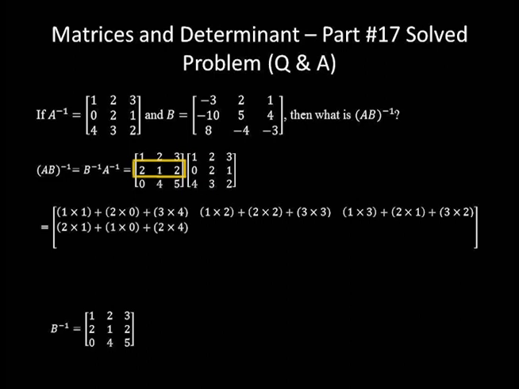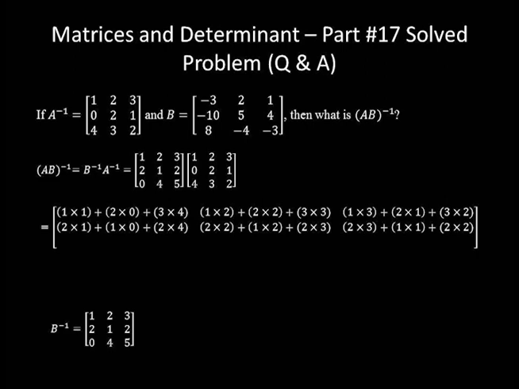To find the entry in row 2, column 2, we have to multiply row 2 of B inverse with column 2 of A inverse. 2 times 2 plus 1 times 2 plus 2 times 3. To find the element in row 2, column 3, we have to multiply row 2 of B inverse with column 3 of A inverse. 2 times 3 plus 1 times 1 plus 2 times 2.